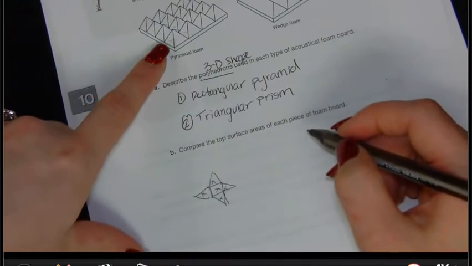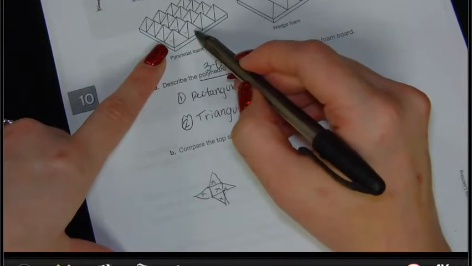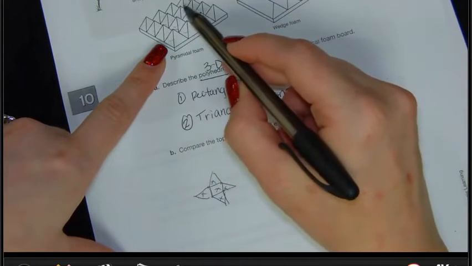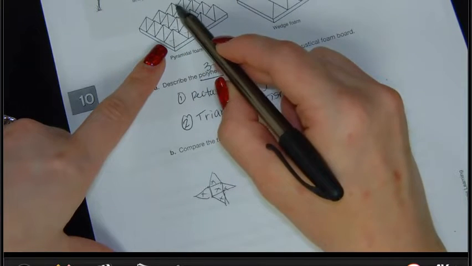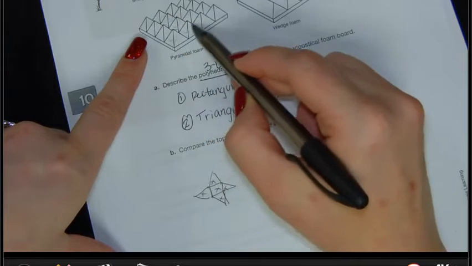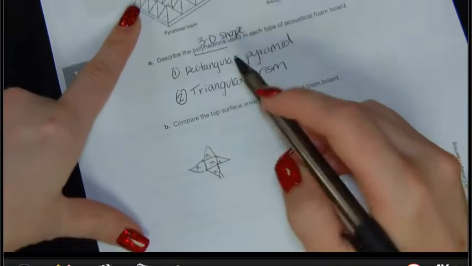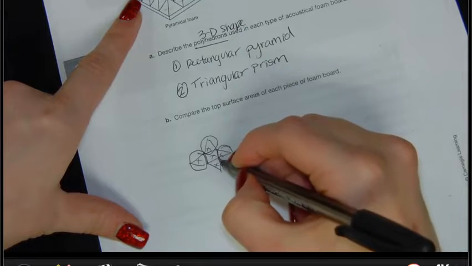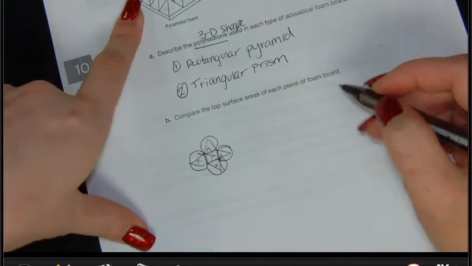Well, on my foam board, what do you notice that I don't see? I don't see the base. So I want to know how much area is going to be covered up here that the sound will be bouncing off of. Meaning all I want is this area, this area, this area, and this area. I just want my sides.